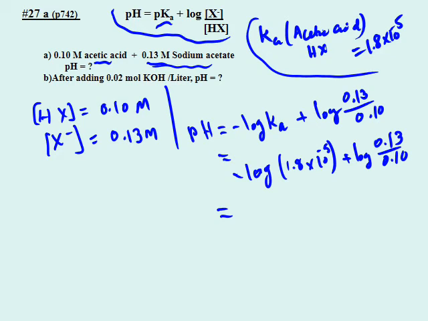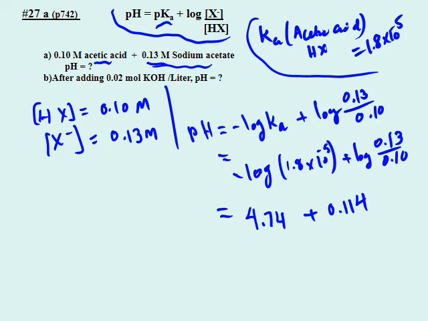Okay, and my first part I get 4.74. You can always double check. It's a good idea to do the calculations when I'm doing it. And for the second part, I'm getting 0.114.